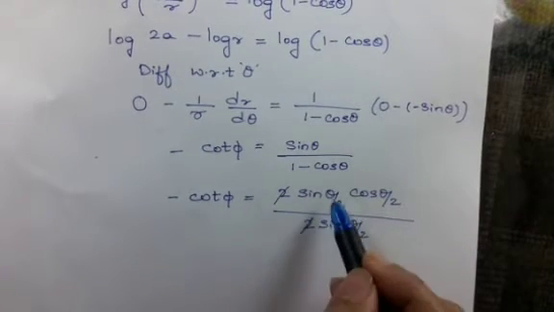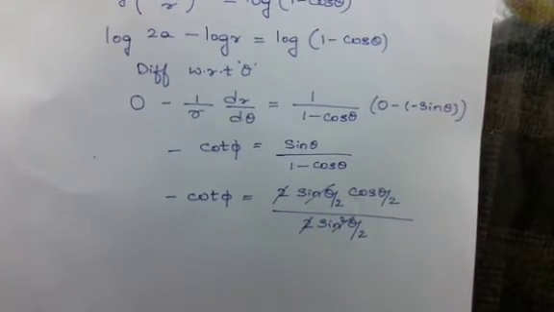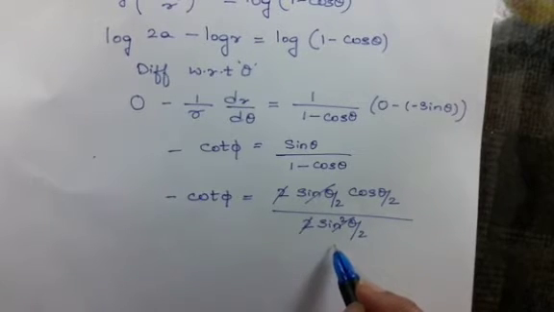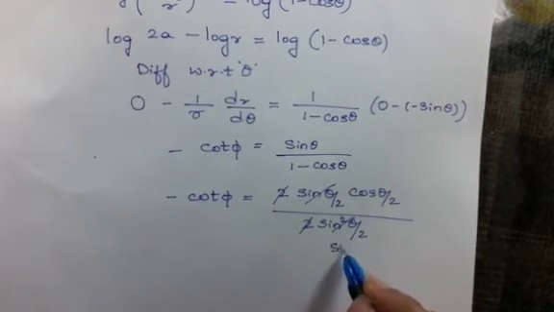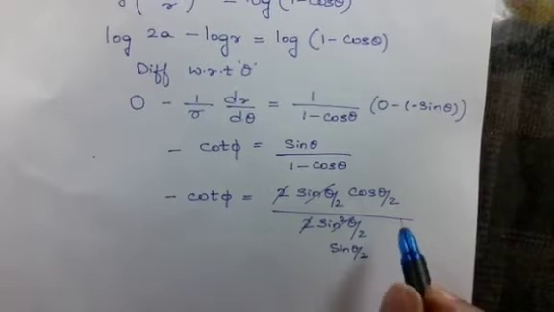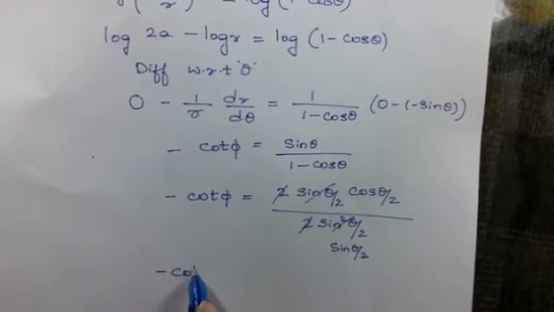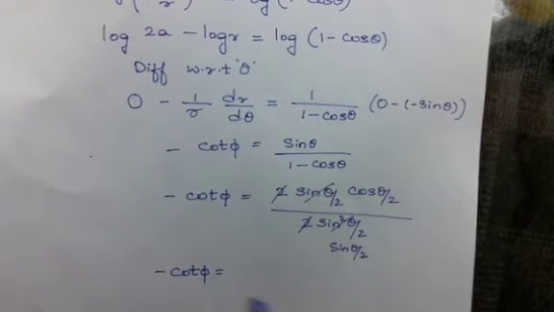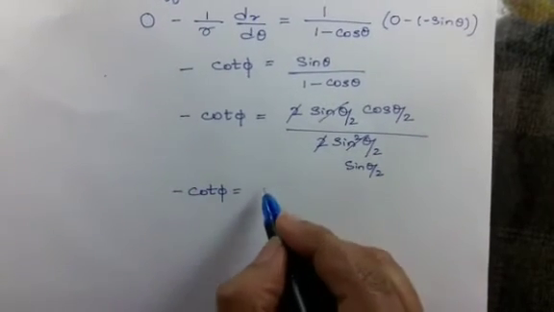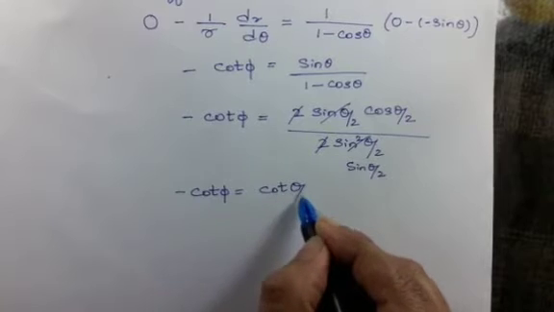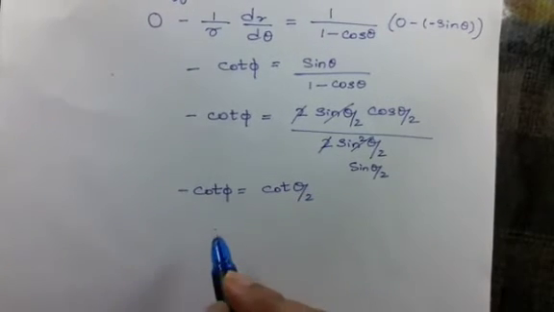The 2 and 2 go, sin and sin can cancel, and one more sin theta by 2 will be left here. Cos by sin is cot. Correct? So minus cot phi is equal to cot theta by 2.